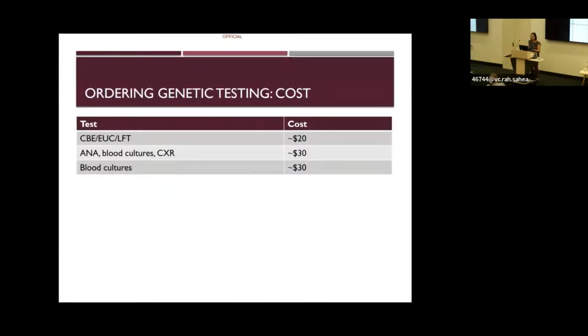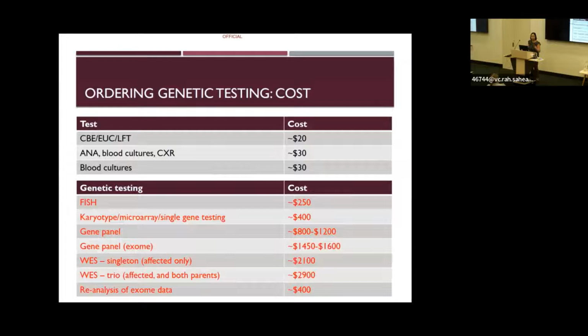Now, in terms of ordering genetic testing, most pathology that you order day to day is relatively cheap. We are extremely expensive. We are hundreds, if not thousands of dollars. And so it's really important to know about this when you're ordering, especially if you order it and your consultant says, why'd you order this $2,000 test? But also very important to know for the patient, are they going to get hit with a $2,000 bill?